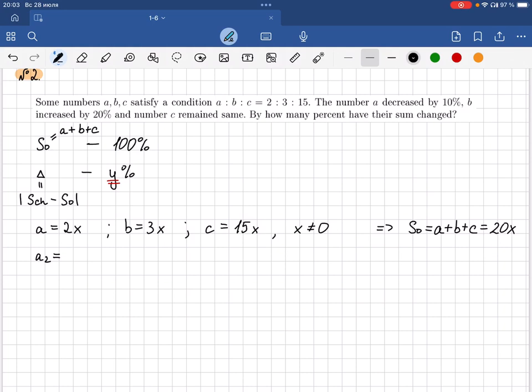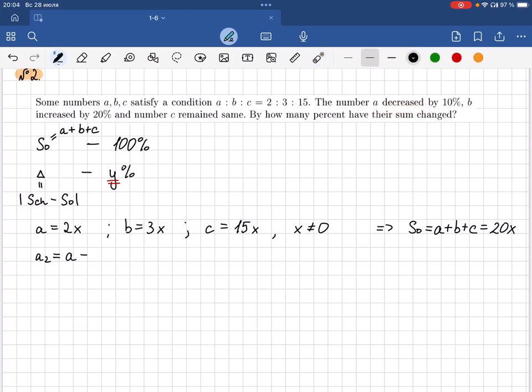A decreased by 10%, so it means that we have to take our initial A and subtract from it. Why do we have minus here? Because the number A decreased.